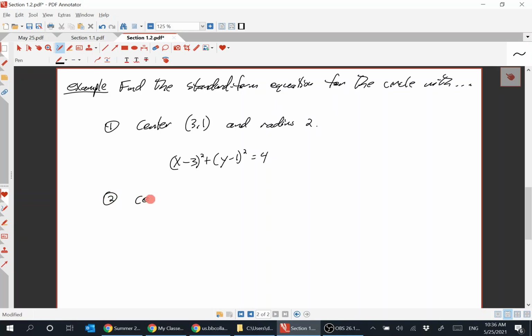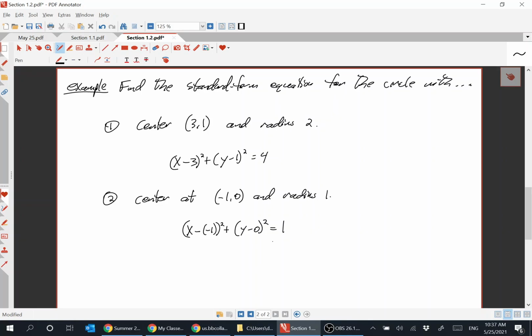All right, center at, let's say, (-1, 0), and radius 1. So this is going to be (x minus -1) squared plus (y minus 0) squared equals 1 squared, which is 1.